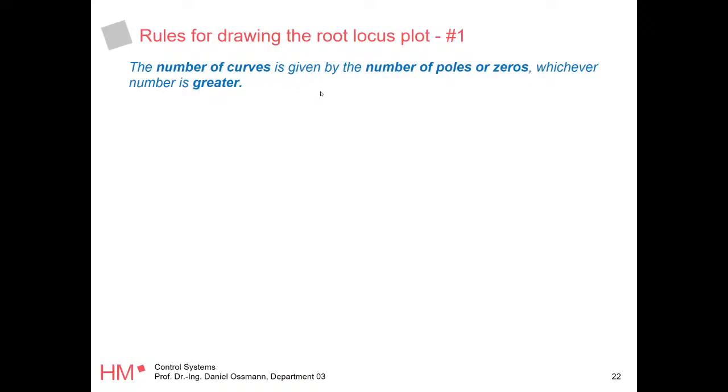How many root locus curves? I've shown you this PD1 example, which had only 1 curve. The number of curves is determined only by the number of poles or zeros, and remember, it's an or here: whichever number is greater. You just need to count the poles and count the zeros, which we define as NP and NZ.